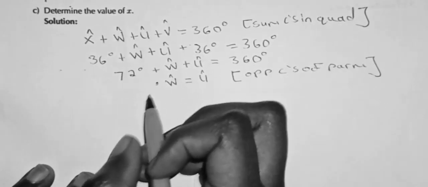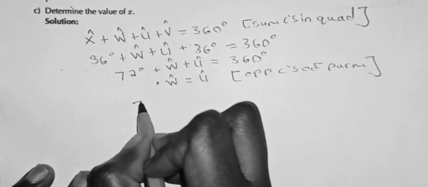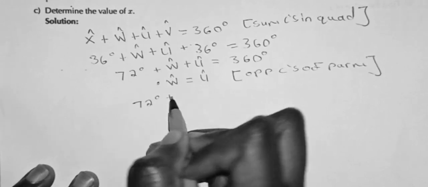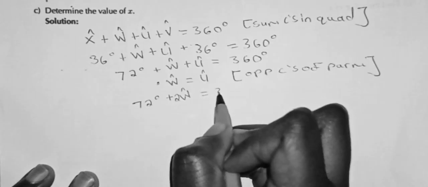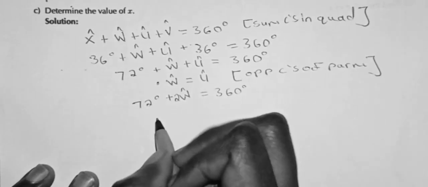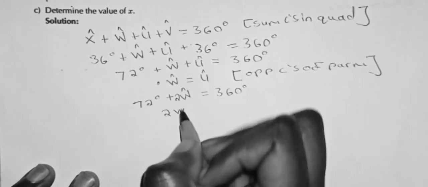And then we're going to say that 72 degrees plus 2W is equal to 360 degrees, and then you work everything out.